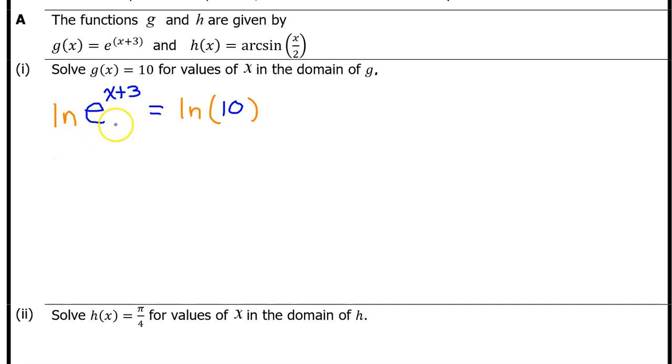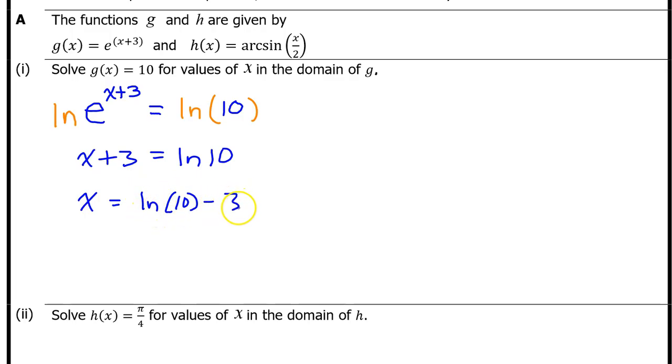So on the next step, we have x plus 3 on the left because, one more time, the log base e and the base e cancel each other out, leaving behind the x plus 3, equals natural log of 10 on the right-hand side. Getting the x by itself, we subtract 3 from both sides. So we have x is equal to the natural log of 10 minus 3.